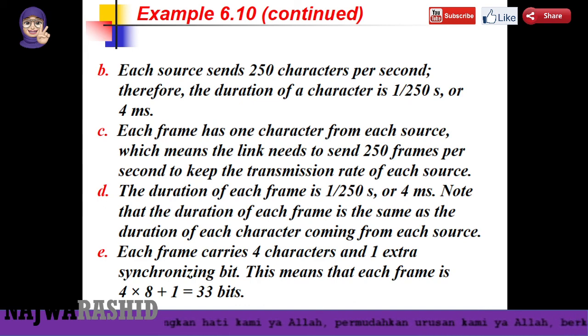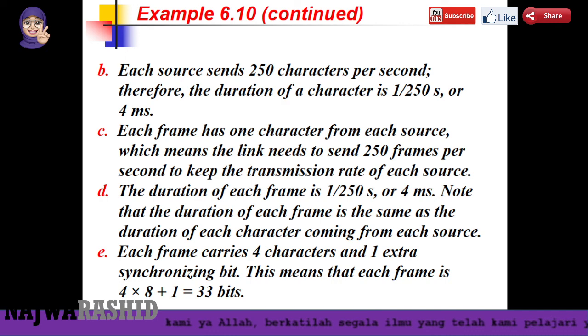B, each source sends 250 characters per second, therefore the duration of a character is 1 over 250 seconds. C, each frame has 1 character from each source, which means the link needs to send 250 frames per second to keep the transmission rate of each source.